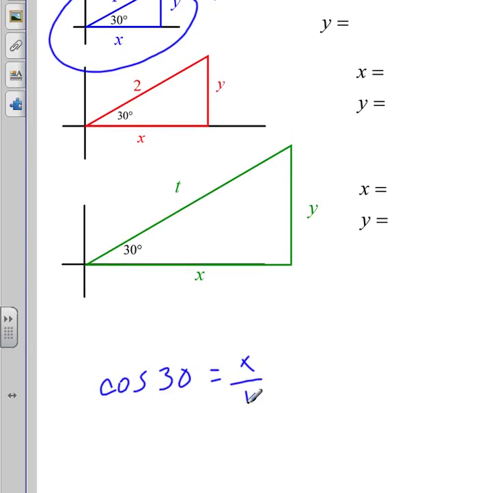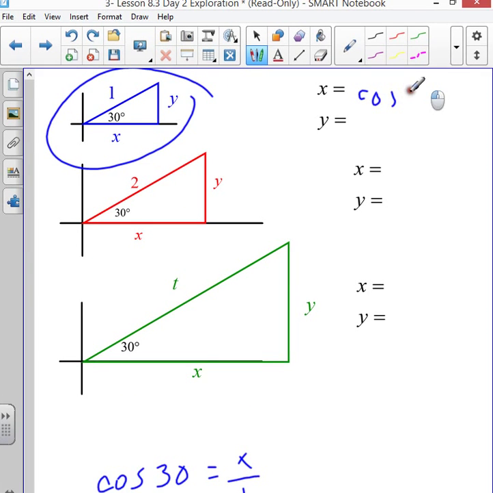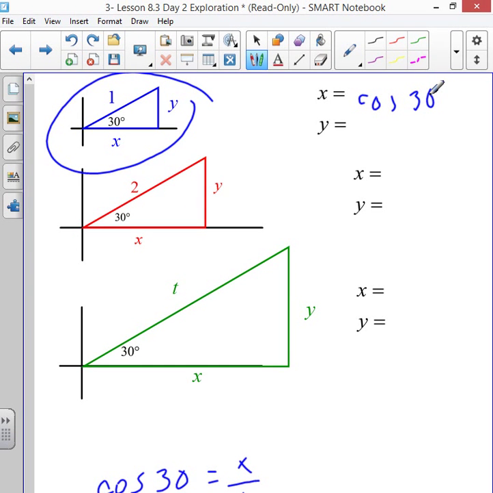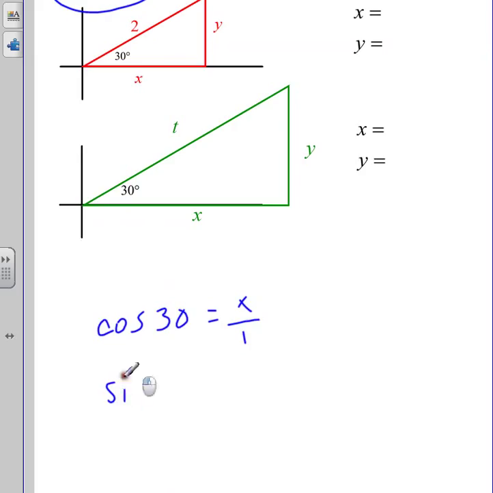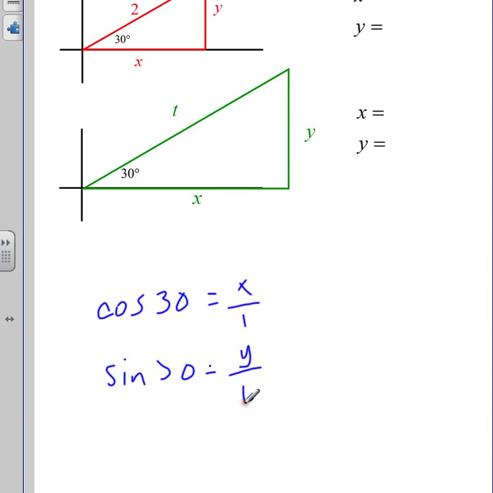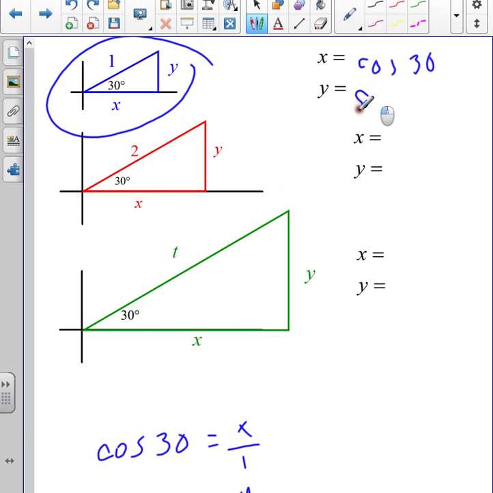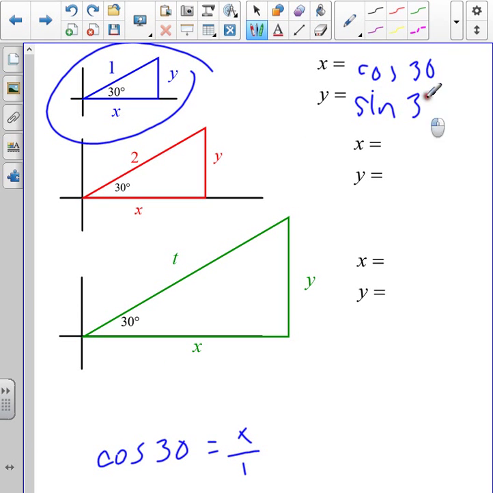So actually, x just equals cosine of 30. Oh, cool. Sine of 30 equals the opposite over the hypotenuse, so y over 1. So y just equals sine of 30.